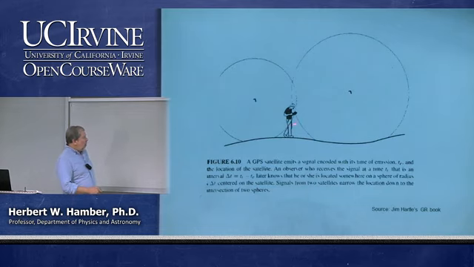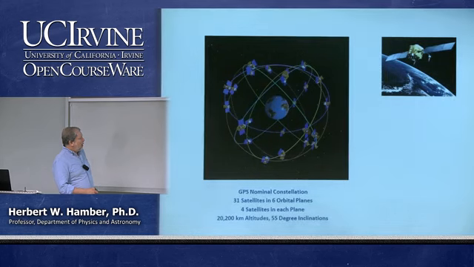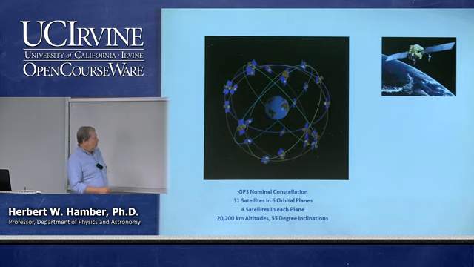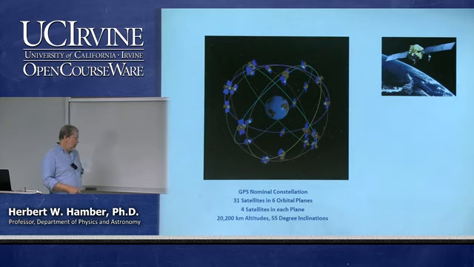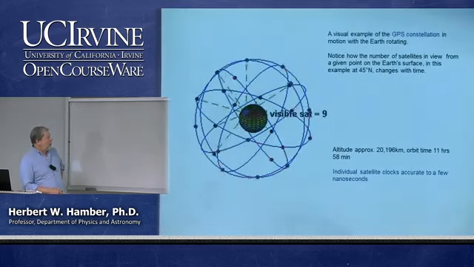And so at the intersection of these signals, you can then find where you're located, and here is another picture of this GPS constellation and one of the GPS satellites. We're talking about 31 satellites in various planes and at about 20,000 kilometers of altitude.